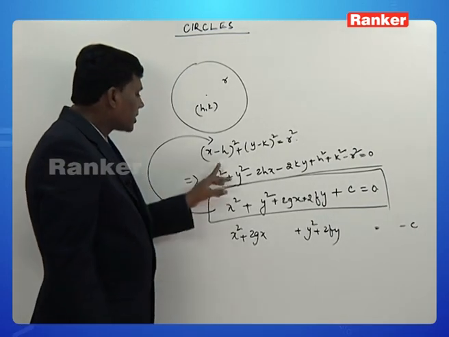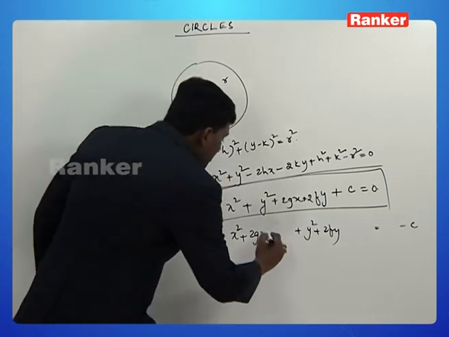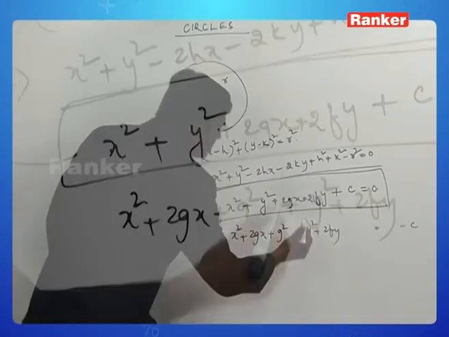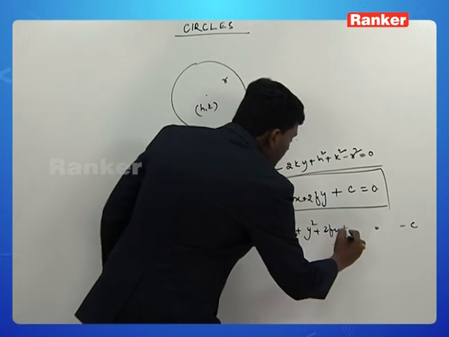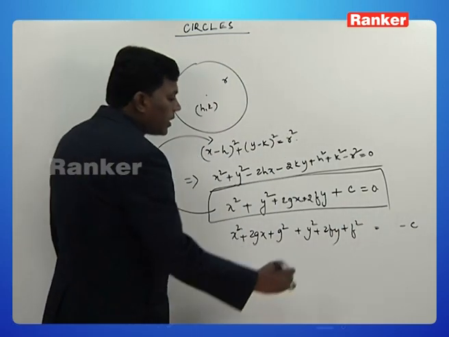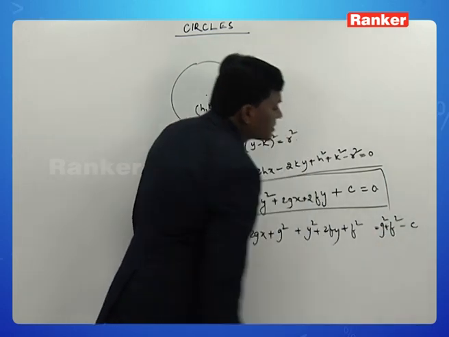To make it a perfect square like (x minus h) whole square, what is additionally required? Just g square is required. I am adding g square here, and f square here. The same are added on the right side also to balance the equation.